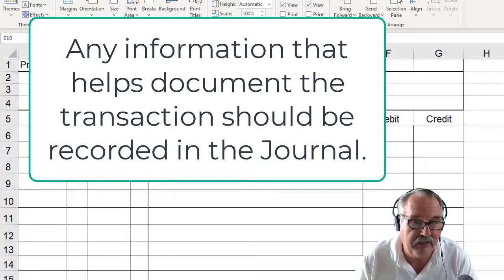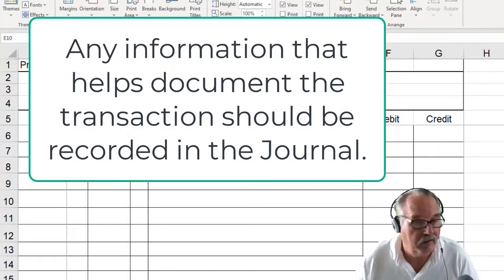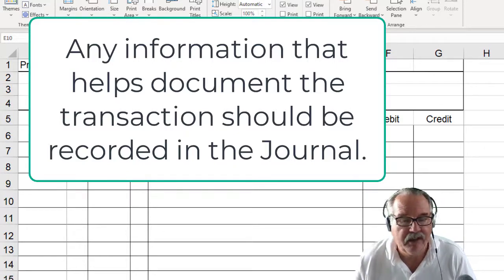So even though we're going to be recording debits and credits, there's oftentimes more information that we need to have in the journal that, again, memorializes or documents what happened in the business so that down the road somebody can look in the journal and say, this is what happened.